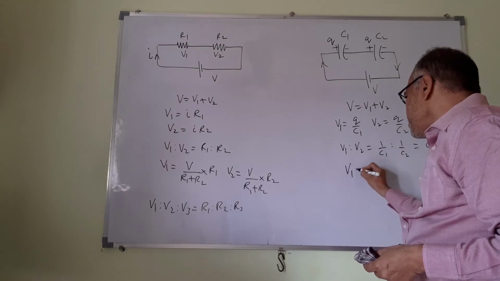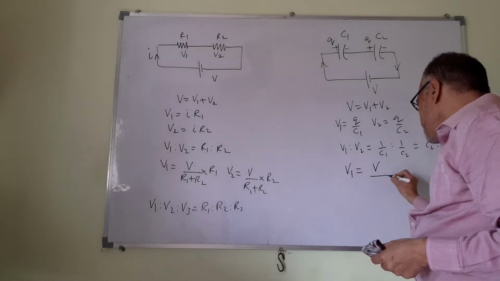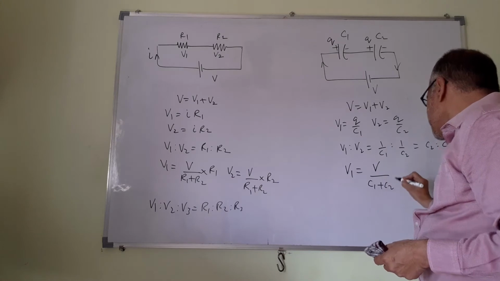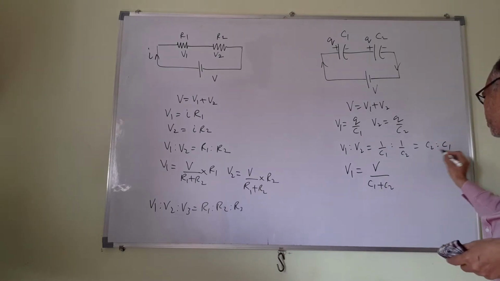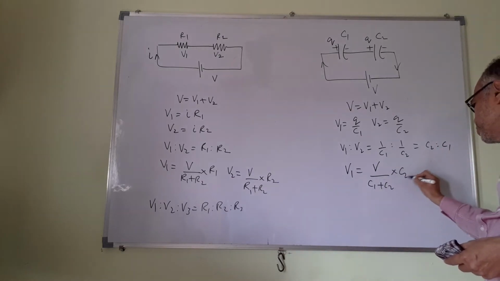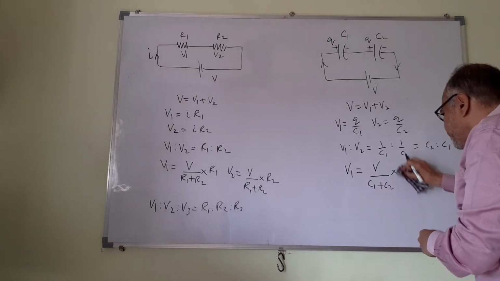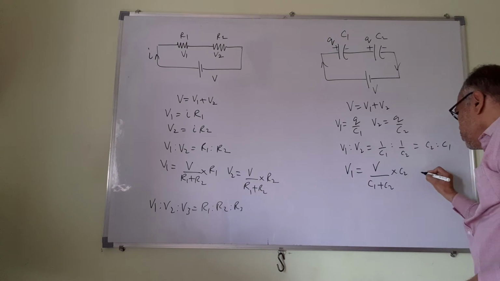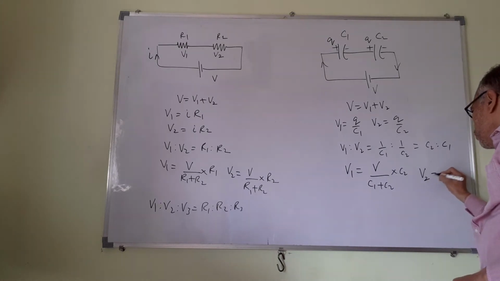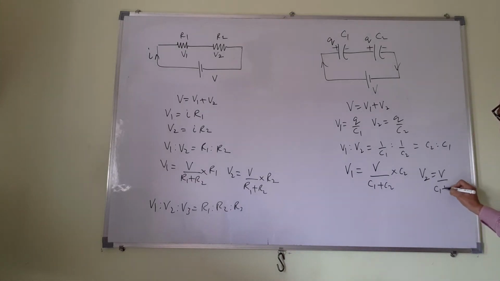So, I can say V1 is equal to V by C1 plus C2, total number of parts C1 plus C2, into C2, and V2 would be V by C1 plus C2 into C1.